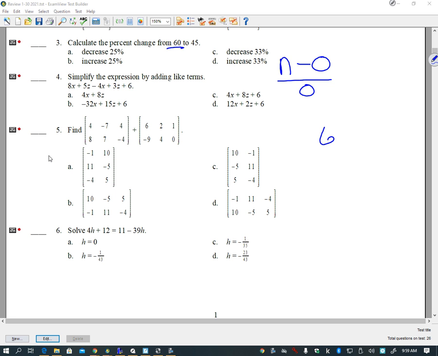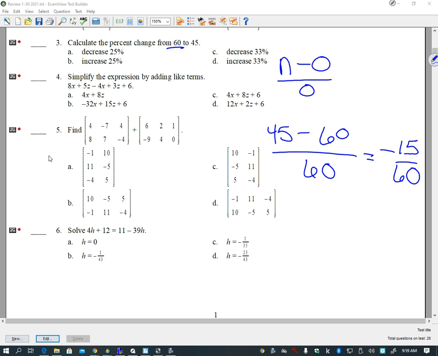So I'm taking 45 minus 60, and that should make sense to us, because if I'm going from a big number to a smaller number, shouldn't I be decreasing, right? So I should be getting a negative value, right? What am I getting, like negative 15 over 60? All right, but we want that as a decimal.